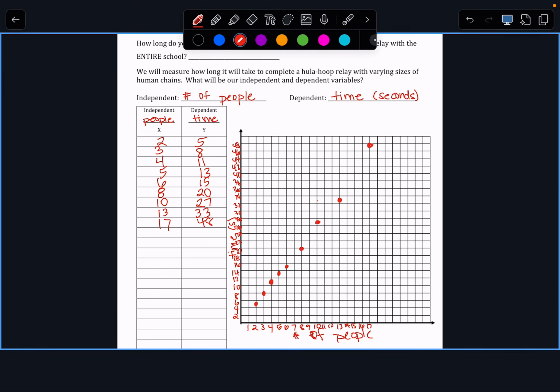As you're plotting these coordinates, talk to me about what you notice. Okay. Do you notice anything?